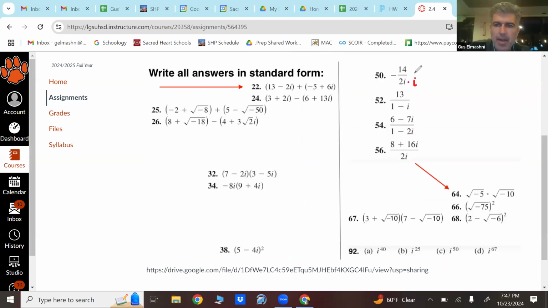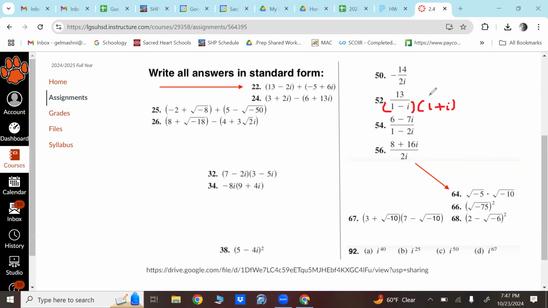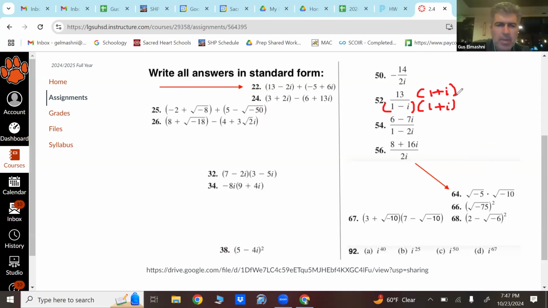Here, multiply top line by i. Get 7i. There you get 1 plus i.